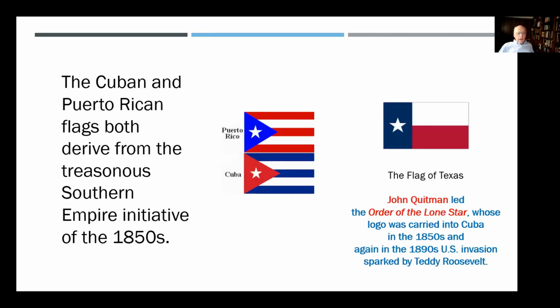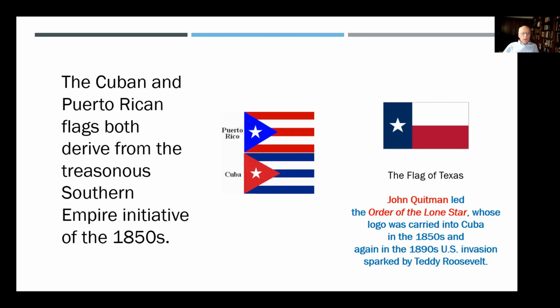I just want to call this to your attention. Quitman and his friends set up something called the Order of the Lone Star, which comes out of Texas. You see the flag of Texas. This logo was made into a flag at the lower left, the flag of Cuba, which was carried by these people in their invasions of Cuba.